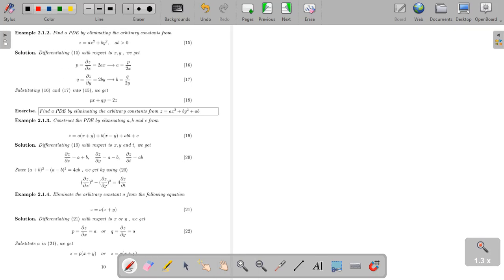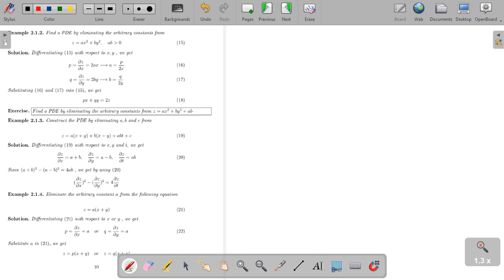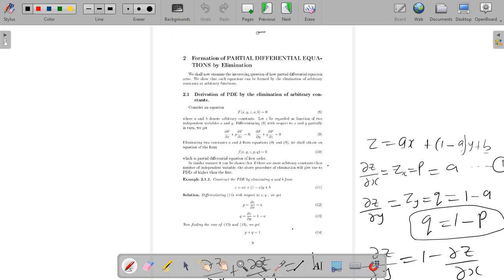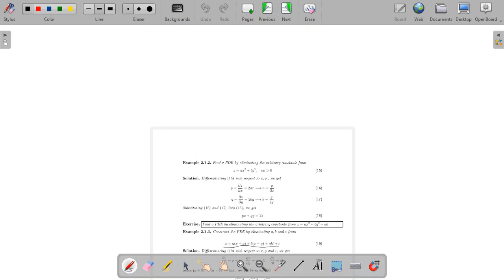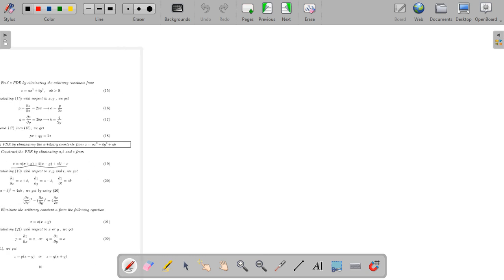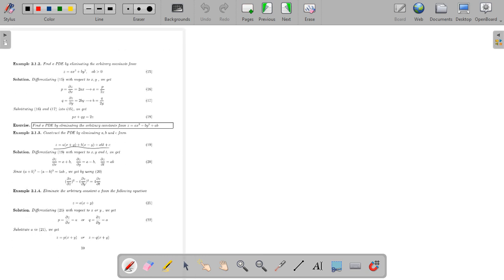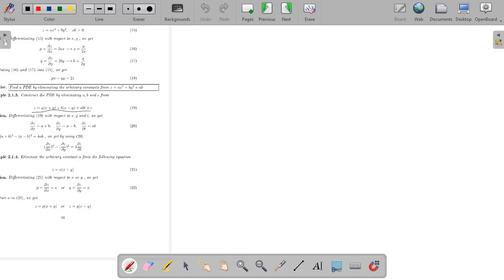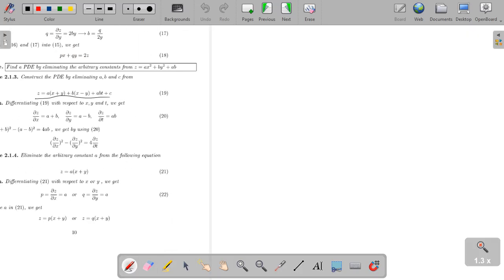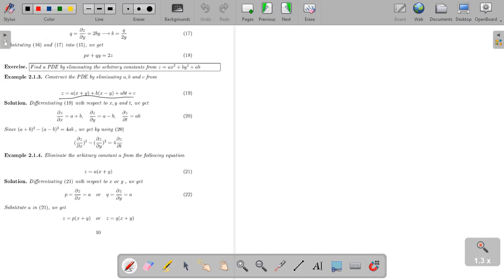So they gave us that our z. Next page. Sorry. So they gave us that our z is equal to what? a in bracket of x plus y plus b in bracket of x minus y plus abt.